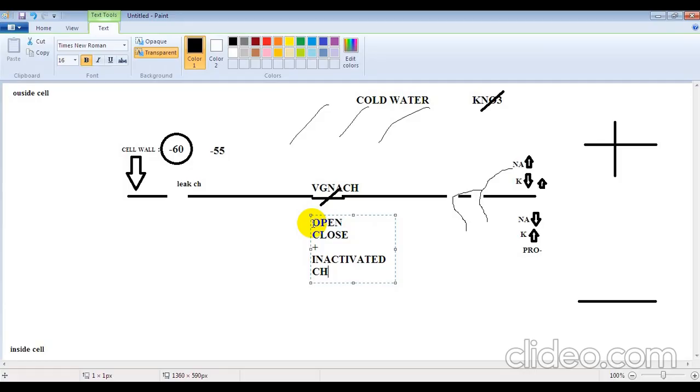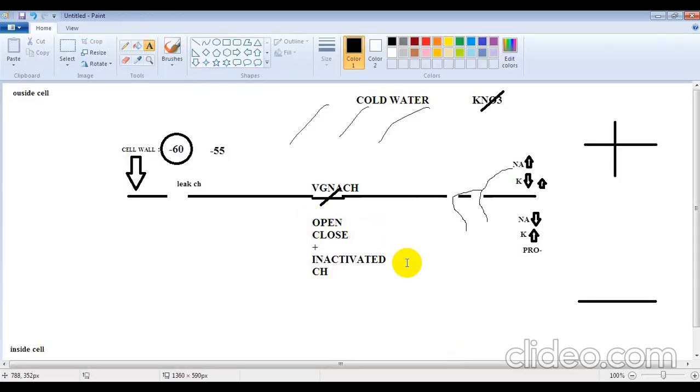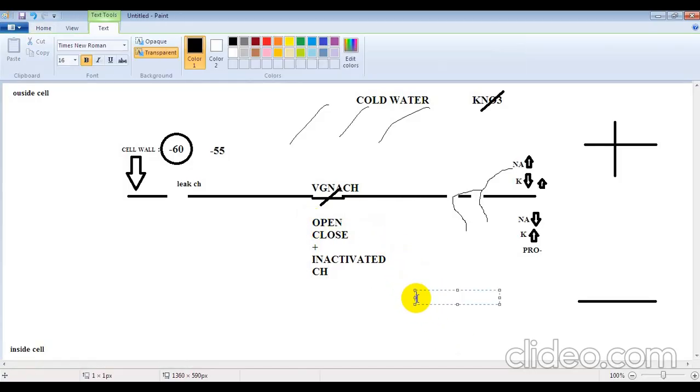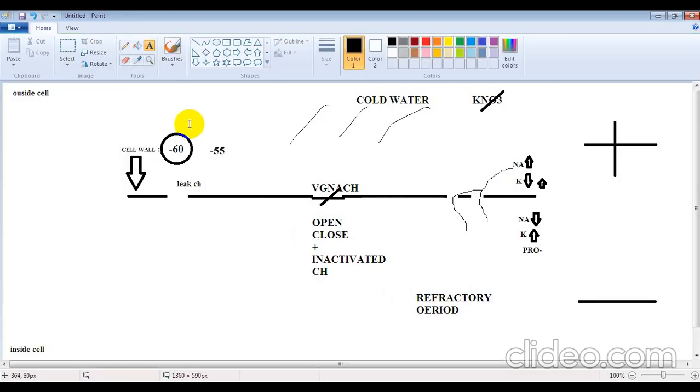When the channel is inactivated, it must go through a stage called a refractory period. During this state, the channel is inactivated and cannot be opened even if another external stimulus occurs.